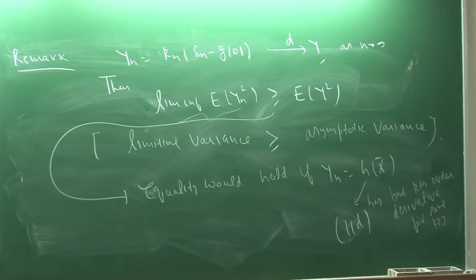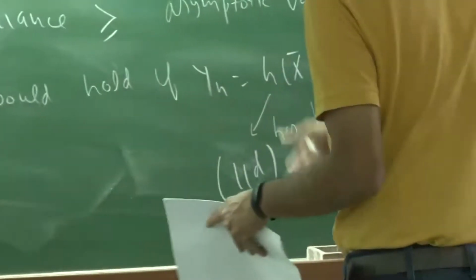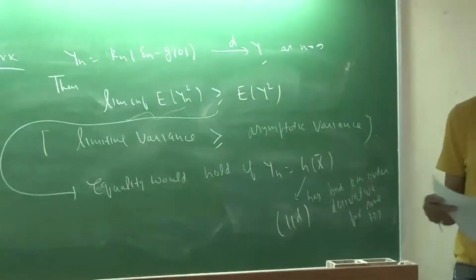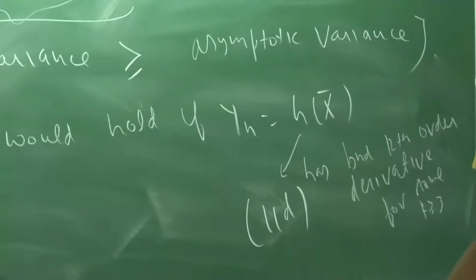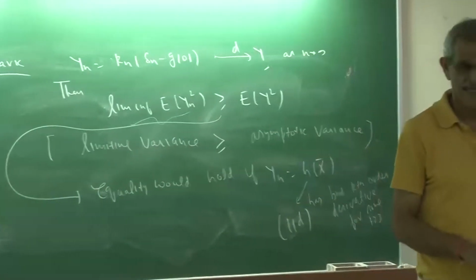In general, they will not be the same. One can look into various results of this kind, but since we are talking about limiting variance and limiting risk, these are natural questions which may come to somebody's mind, and that's the reason why I stated this result.